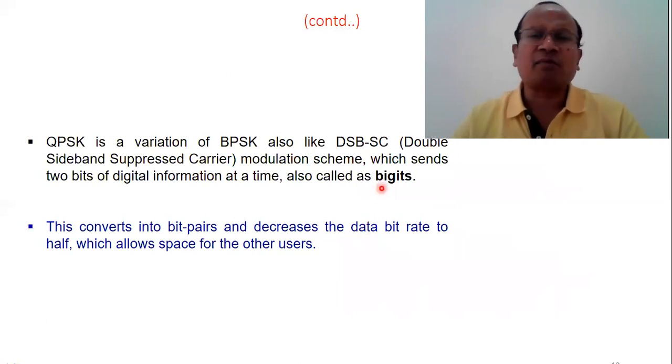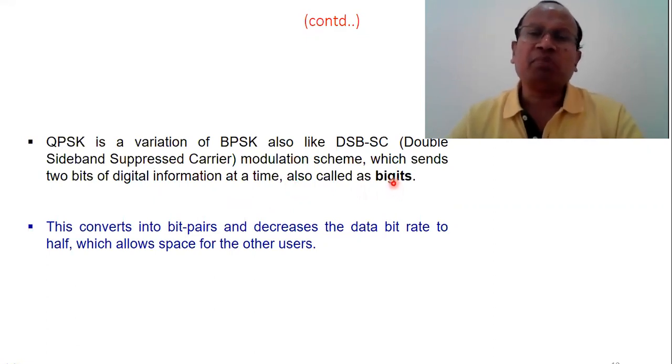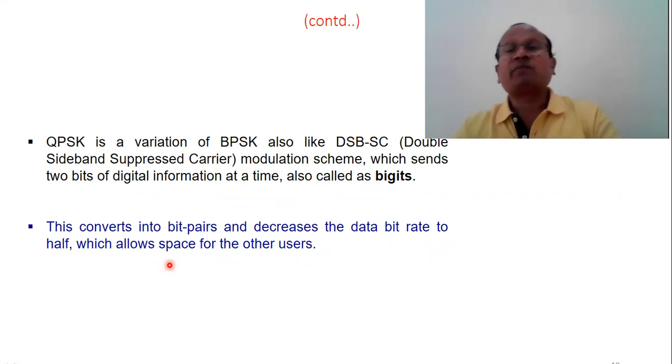QPSK is a variation of BPSK, like DSBSC, a double sideband suppressed carrier, which sends two bits of digital information at a time. As I told you, two bits at a time are sometimes called dibits. Dibits means binary digits. This converts into bit pairs and decreases the data bit rate to half, which allows space for other use.